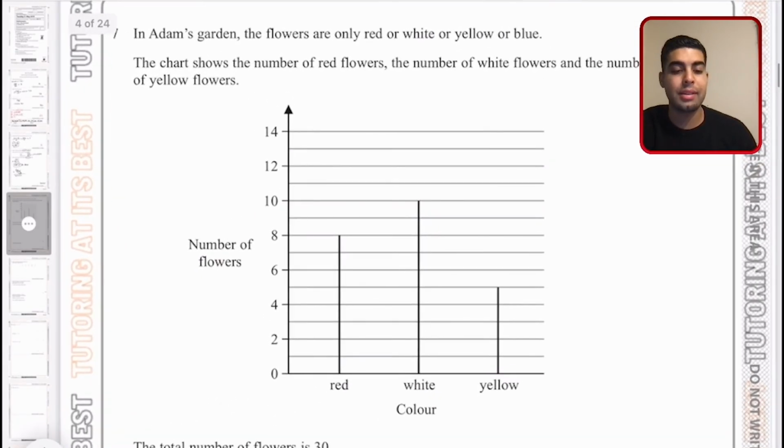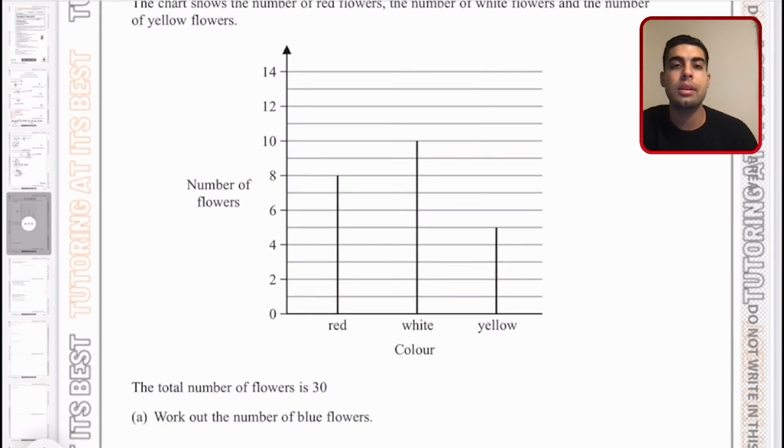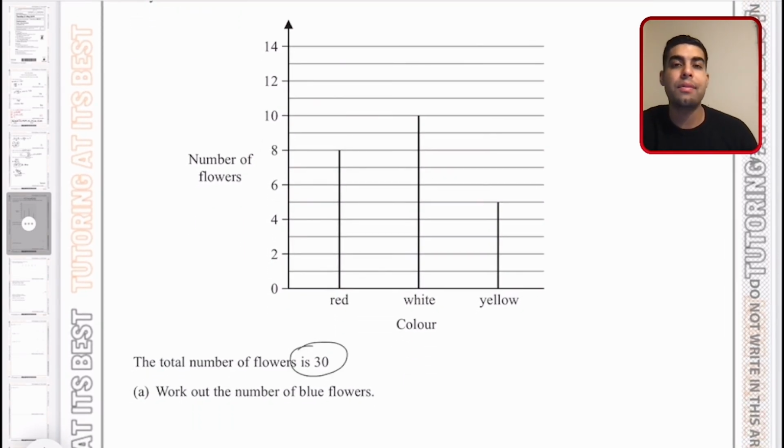Over to question number 7. In Adam's garden, the flowers are only red, white, yellow, or blue. And we have a chart to show us a visual representation. And we now know that the total number of flowers is 30. So let's work out the number of blue flowers. So the first thing we're going to do is find out the number of red flowers, which is 8.